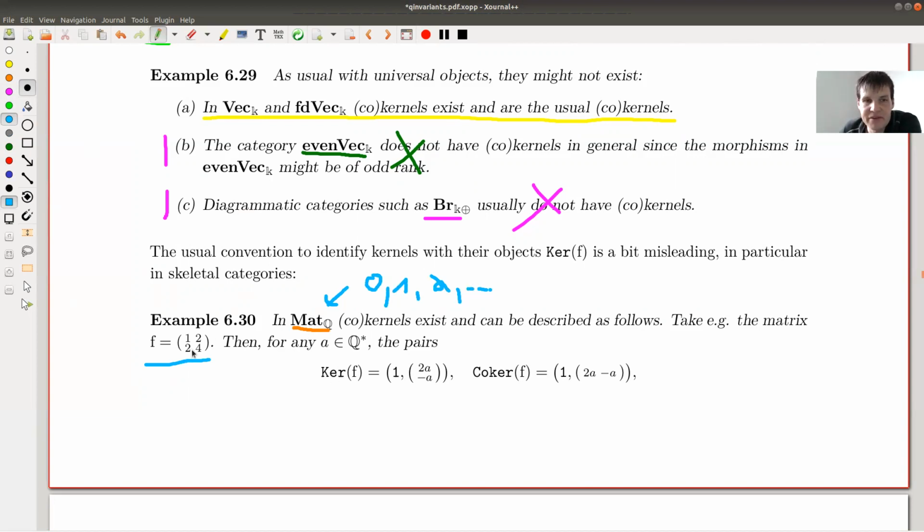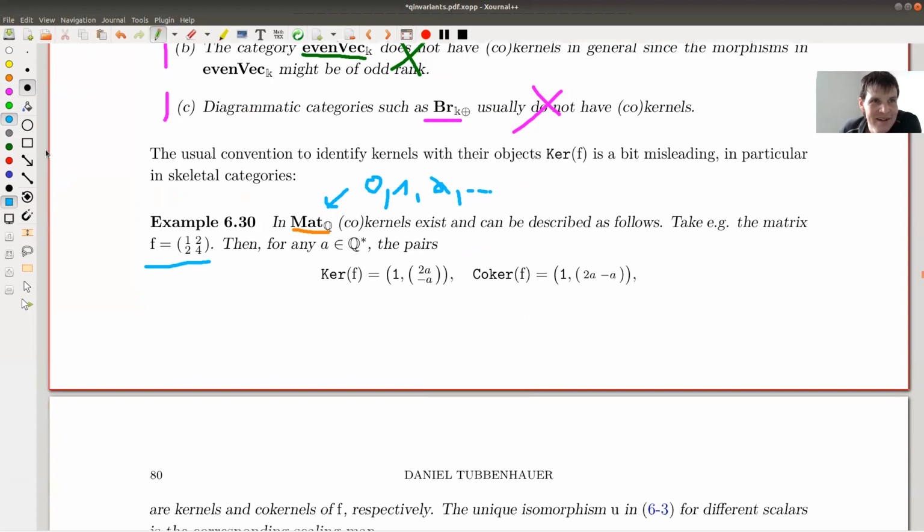So I'm taking my matrix 1, 2, 2, 4. Why not? As you can see, the first and the second column are certainly not linearly independent. The second one is twice the first one. So this matrix would have a kernel, and this matrix would have a co-kernel.